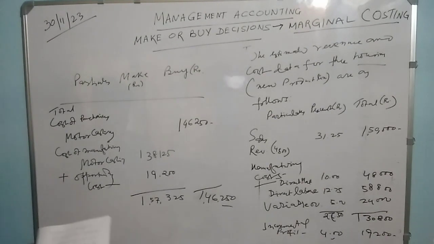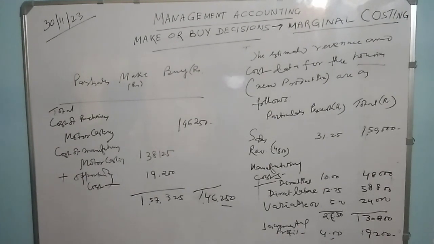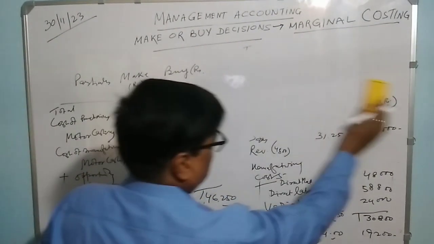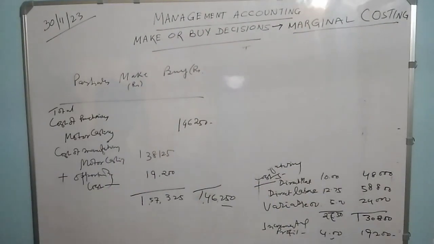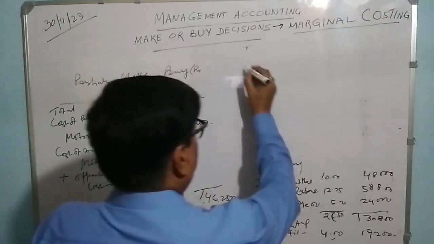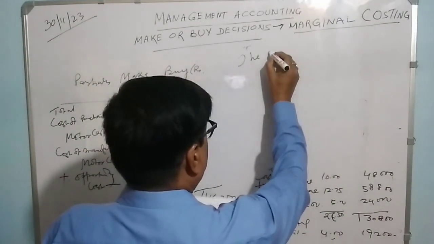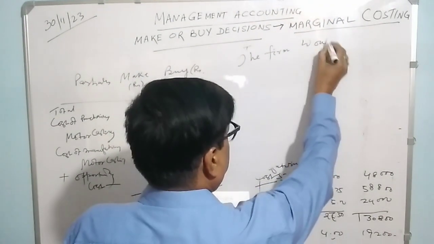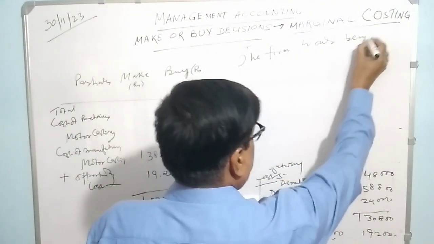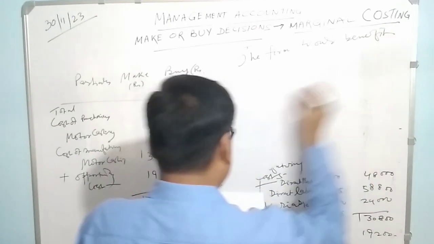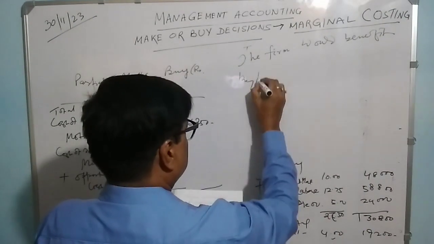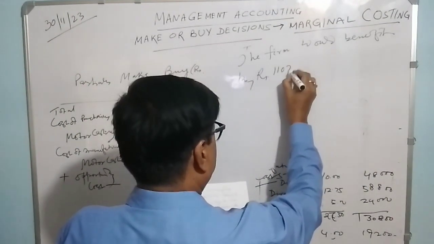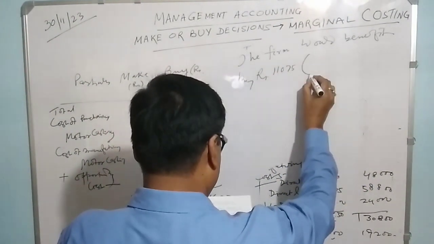So finally, what will be the situation? Finally the situation will come this way. The firm, that is Ram Industries, would benefit by rupees 11,075. How 11,075?